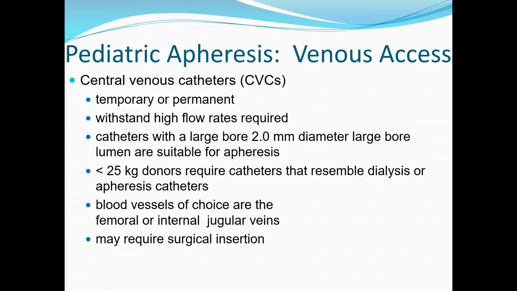For the venous access, central venous catheter, CVC, we plan whether it's temporary or permanent. A high flow rate is required, so the catheter will be a large, 2.0 mm diameter, large-pore lumen suitable for apheresis. Some donors may require a dialysis or apheresis catheter.